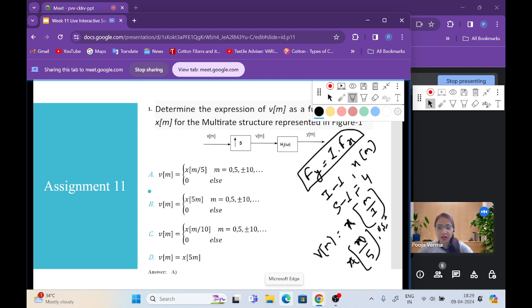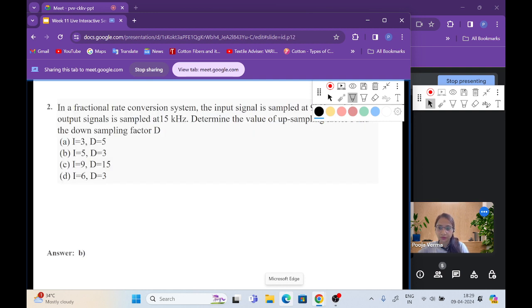Okay, so correct answer is option A. We are adding I minus 1 zeros between the sequence x of m, which leads to expansion in the time scale at a distance of 5. So option A is the correct answer for this question.